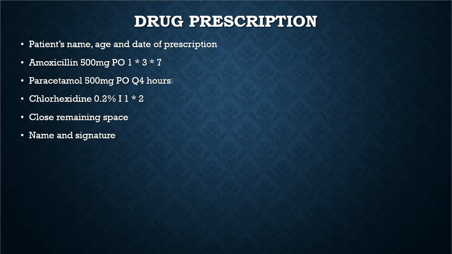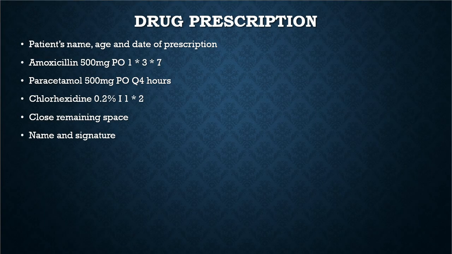Every 4 hours the patient should take 500 milligrams. The maximum dose of paracetamol per day for a healthy patient is 4 grams. So he can take up to 3 grams, up to 4 grams, it doesn't matter. But less than 4 grams, that's the most important thing.